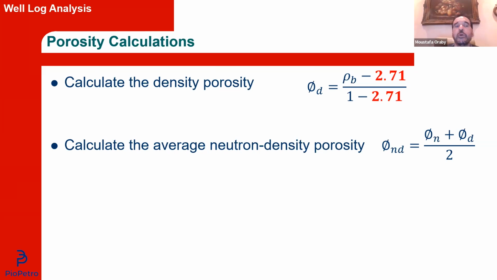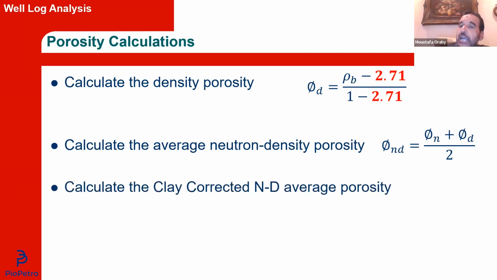Now, once you've calculated the average neutron density porosity, you need to correct it for the clay. How can I correct it for the clay? We call it effective porosity. It's the neutron density average minus V clay times phi 100% clay. What's phi 100% clay? It is the reading of the neutron density in front of the 100% clay.